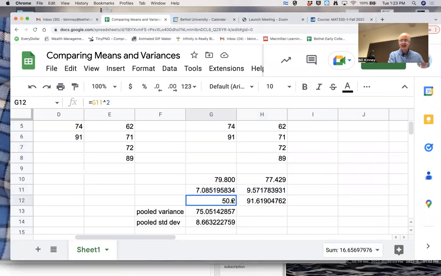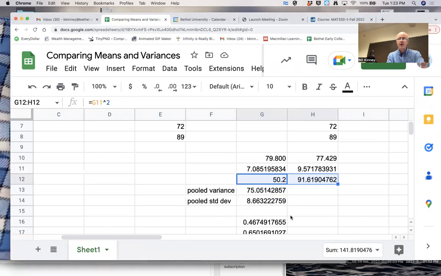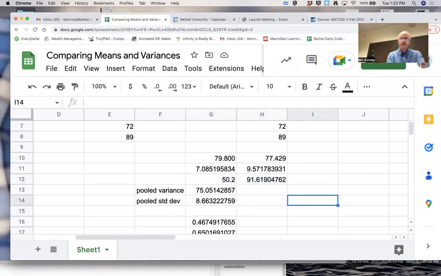Looks like S1 squared is less than S2 squared. So with this example, we want to switch around the roles of which one's S1 squared and which one's S2 squared. For the observed value of our F statistic, put the bigger number on the top.